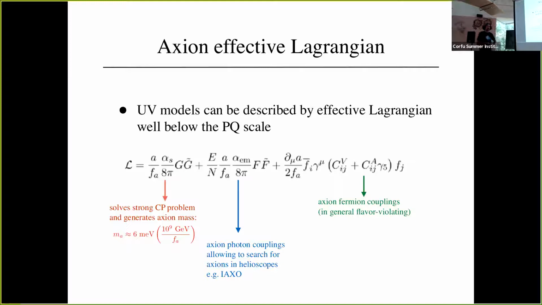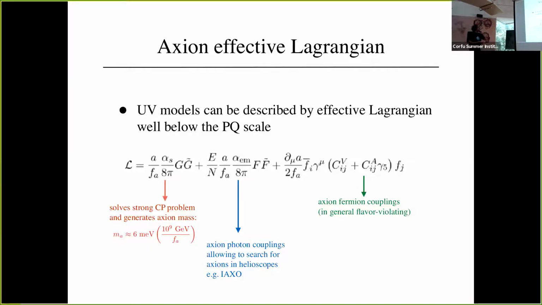The first one, generated by the QCD anomaly, couples the axion to the gluon field strength, and this is crucial for solving the strong CP problem, because this generates the potential for the axion, which allows relaxing the theta term to 0, and also generates the axion mass, and the prediction for the axion mass in terms of the axion decay constant is this one here. So it's roughly meV scale for f_a equal 10^9 GeV, which will be a scale that I will more or less consider in this talk, plus or minus 1 order of magnitude.